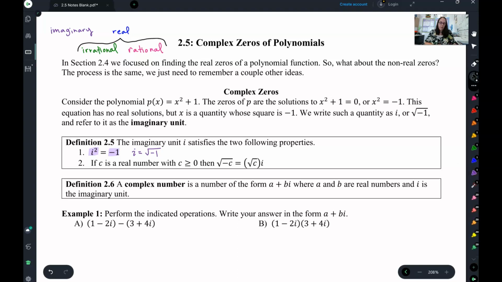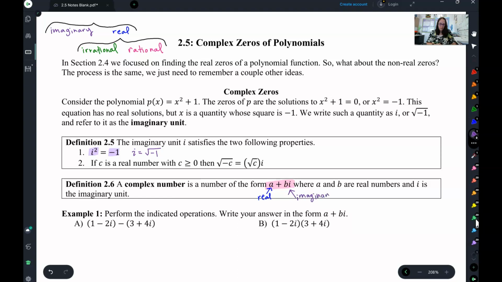If we combine our imaginary and real numbers together, we get something that looks like this, a plus bi, where a is the real number and bi is the imaginary number.